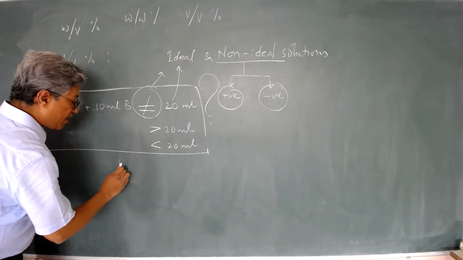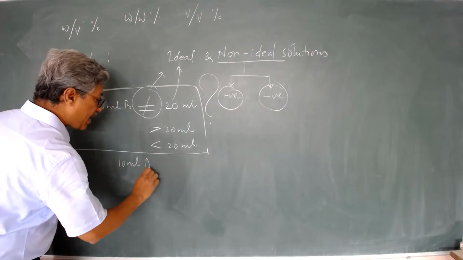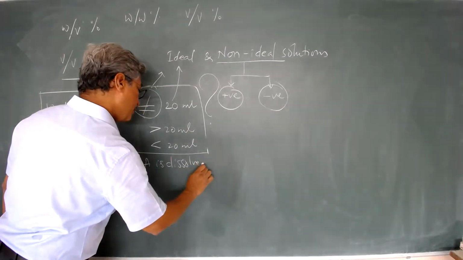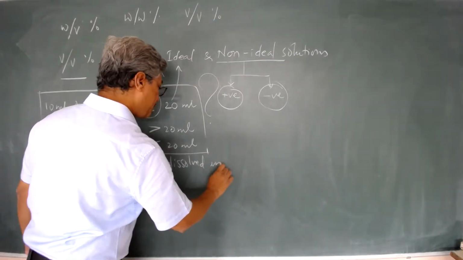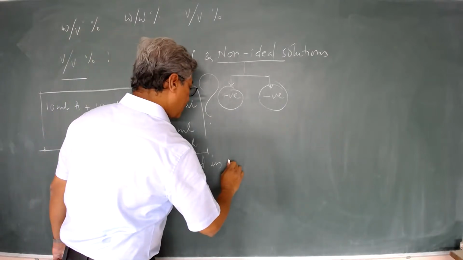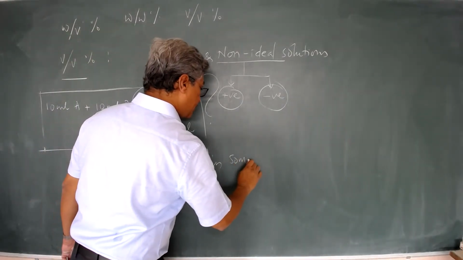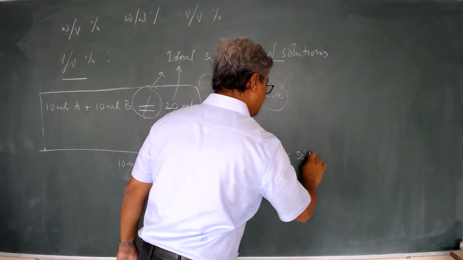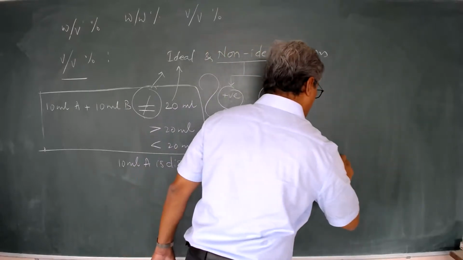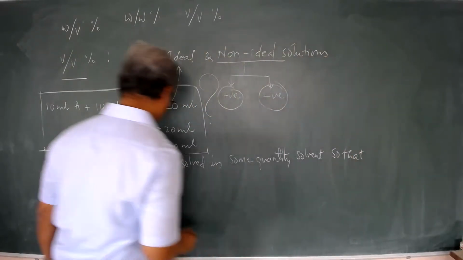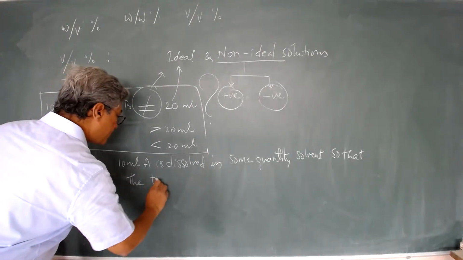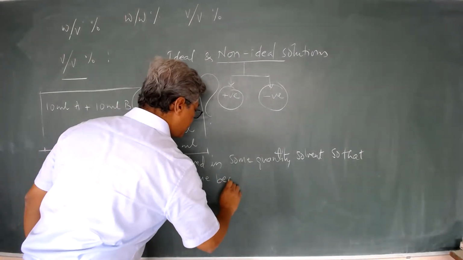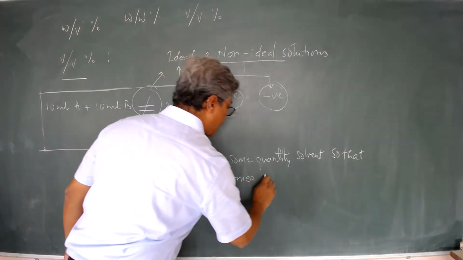See here, 10 ml of A is dissolved in some quantity of water, some quantity of solvent, so that the total volume becomes 100.